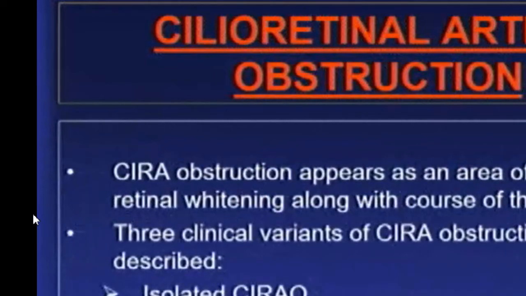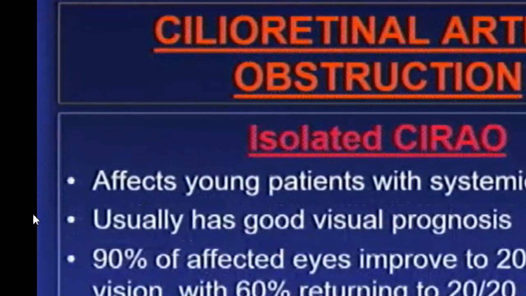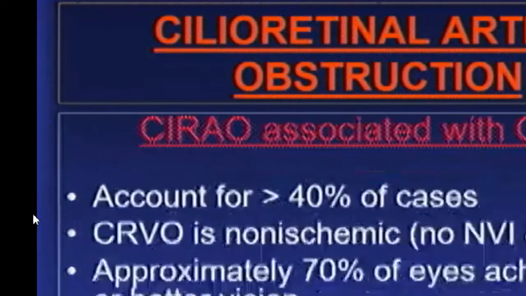We have three types of cilioretinal artery occlusion: the isolated type, cilioretinal artery occlusion associated with central retinal vein occlusion, and cilioretinal artery occlusion associated with ischemic optic neuropathy. Isolated cilioretinal artery occlusion usually affects young patients with systemic vasculitis and usually has good visual prognosis. 90% of affected eyes improve to 20/40 or better, with 60% returning to 20/20, and it accounts for more than 40% of eyes affected with cilioretinal artery occlusion.